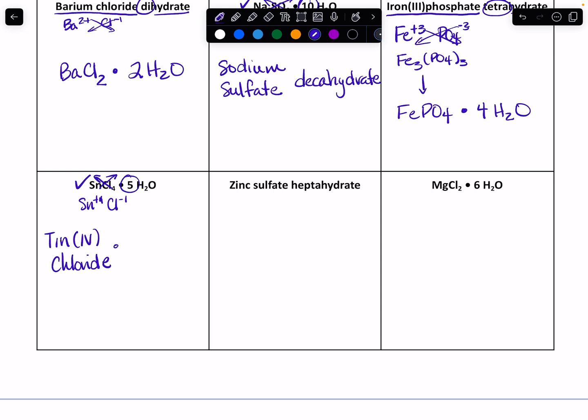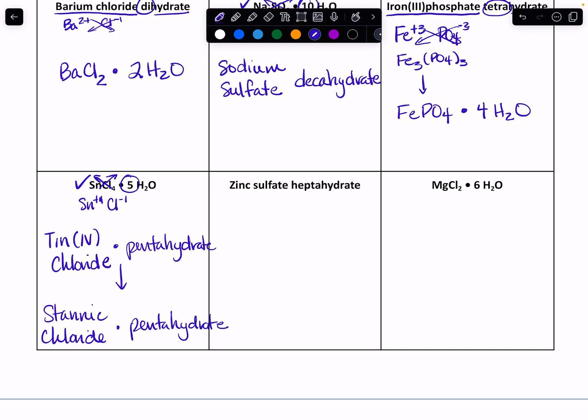I have a 5 here, so that's going to be penta, and then hydrate. The other option, instead of using tin(IV), is to say stannic, the -ic version of stannum, which is the higher charge of the 2 options. Stannic chloride pentahydrate.